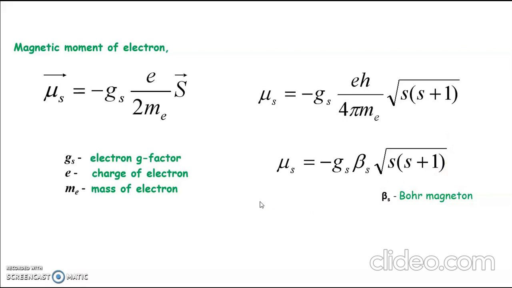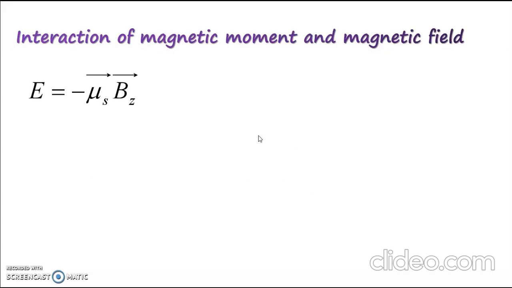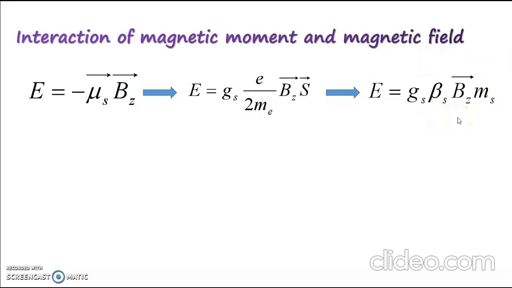Further, from quantum mechanics, it is known that the energy of interaction of the magnetic moment with an external magnetic field applied along the z direction will be E equal to minus mu z into Bz, where we can substitute for mu z as we have generated the equation earlier, and we will get the short form of the equation, where ms represents the two orientations of electron spin that are allowed in the magnetic field by quantum mechanics, that is plus or minus half.